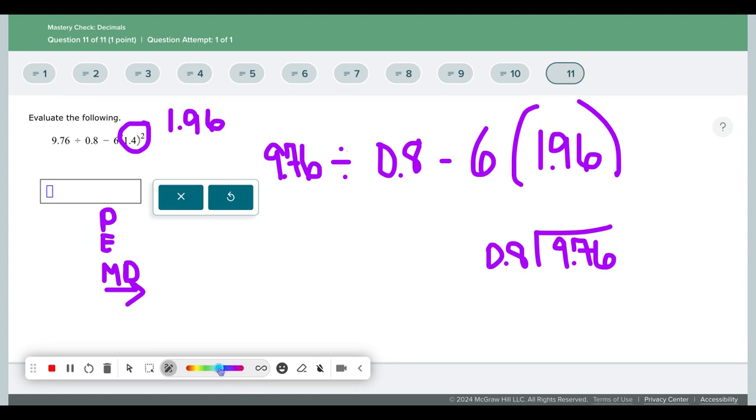If you remember, we want this to be a whole number, so I'm going to move it once to the right here, once to the right here. So that gives me 8, and then 97 and 6/10. Okay, so this is what I'm really trying to solve. I don't even know if I'm going to have room for this.